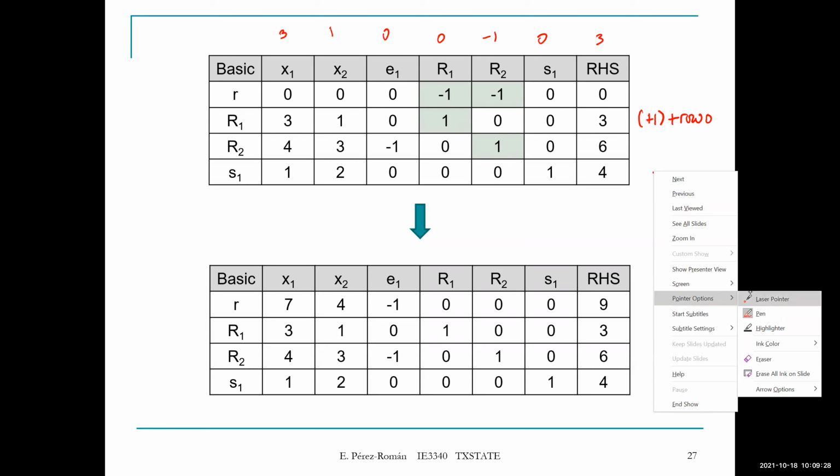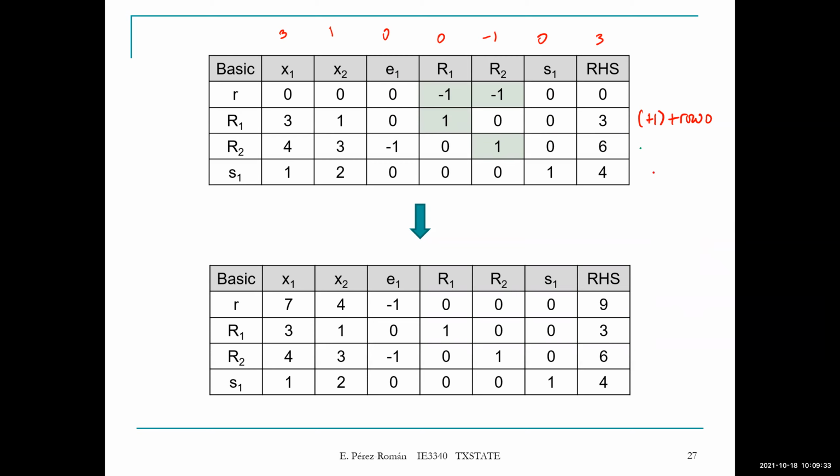Now we're going to do the second one. We're going to multiply this by positive 1, and we're going to add this to row 0. So this is going to be 1 times 4 plus 3 is 7. Yes, I'm calling this 0, 1, 2, and 3: row 0, row 1, row 2, and row 3.